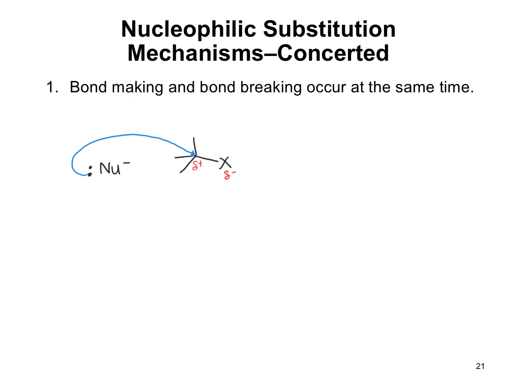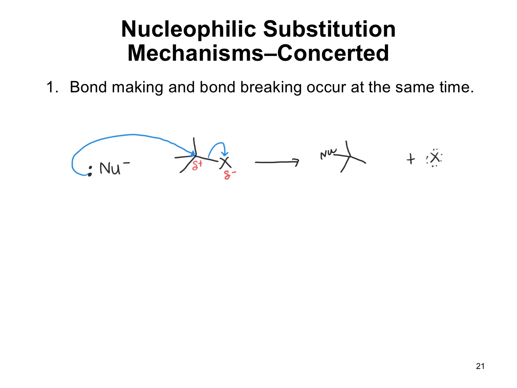Now, this produces for us, when we follow those arrows, the nucleophile attached, and then our halogen, right, leaves.